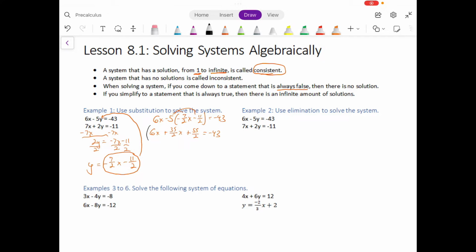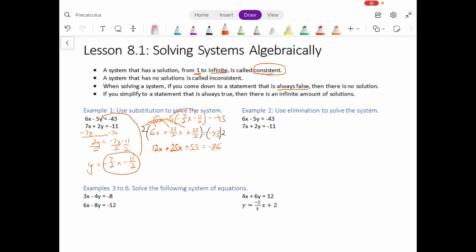You don't have to do that. You can continue going as is and solve, but let's go ahead and multiply everything by 2. So we have 12x plus 35x, because the 2, so we're distributing, would reduce, plus 55 is equal to -86.